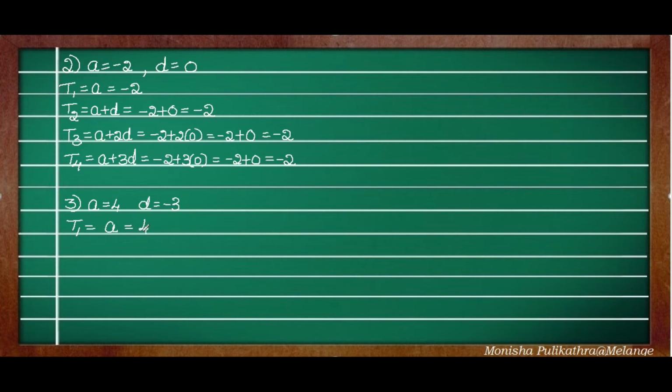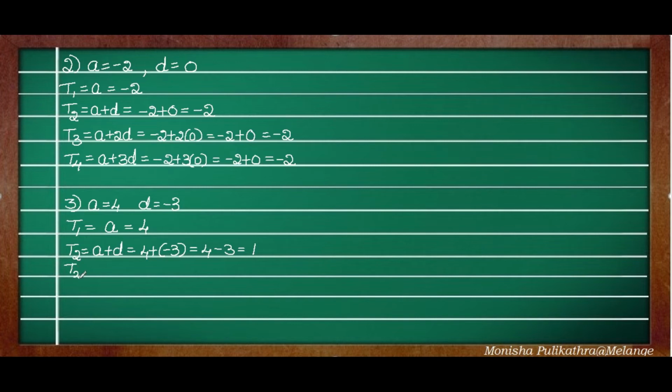So T1 is equal to 4. T2 is equal to A plus D. So A is 4 plus D is minus 3. Since they have given minus, we have to insert a bracket here. So 4 plus into minus, that is 4 minus 3 is equal to 1.